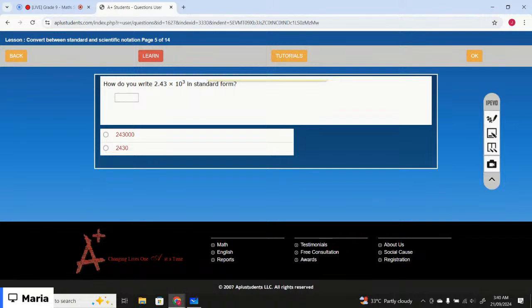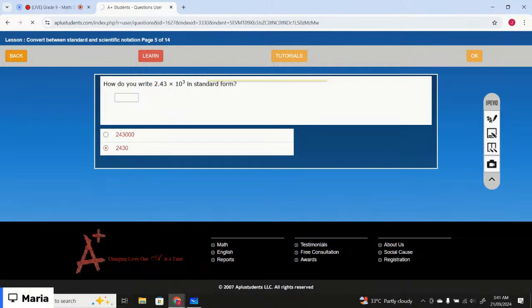Okay, how do you write 2.43 times 10 exponent 3 in standard form? So which is the correct option? That is option number 2 is the correct option.